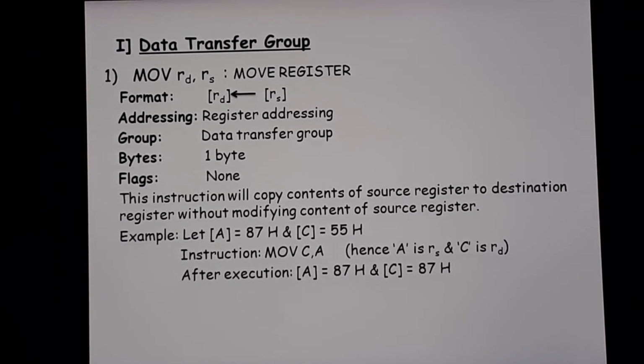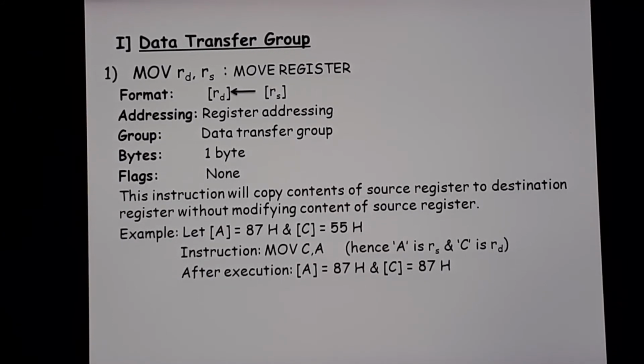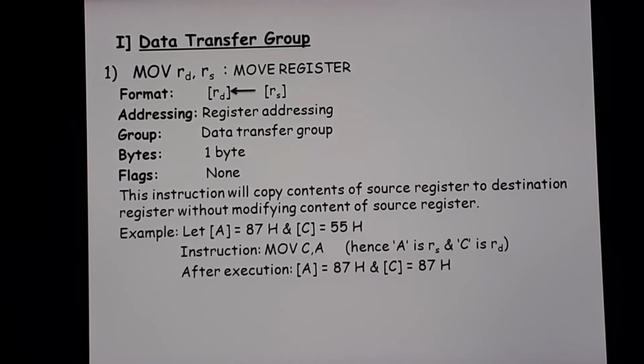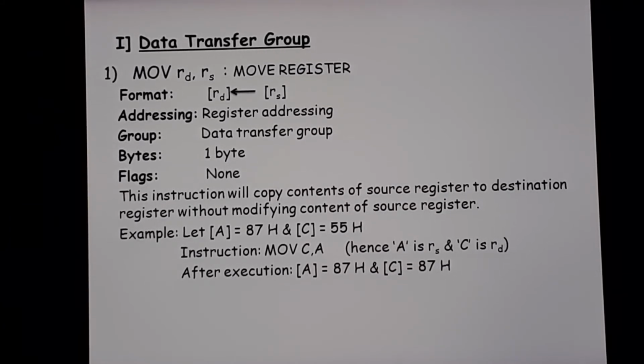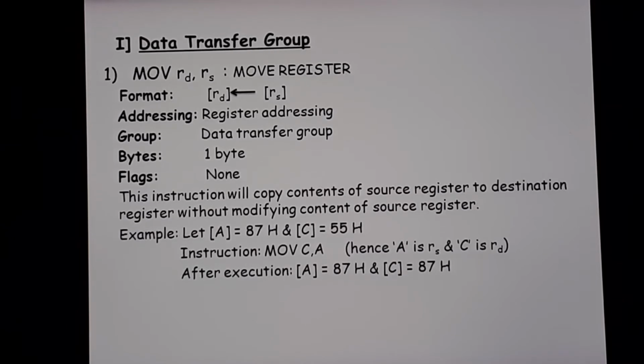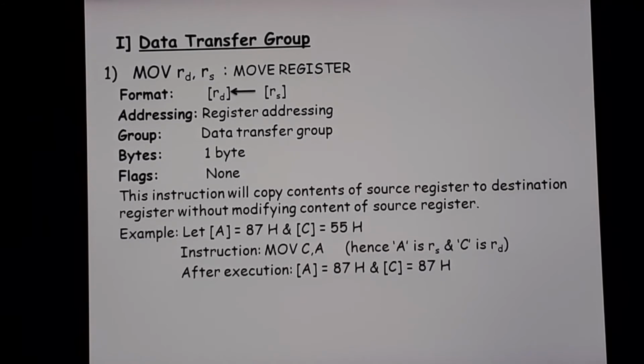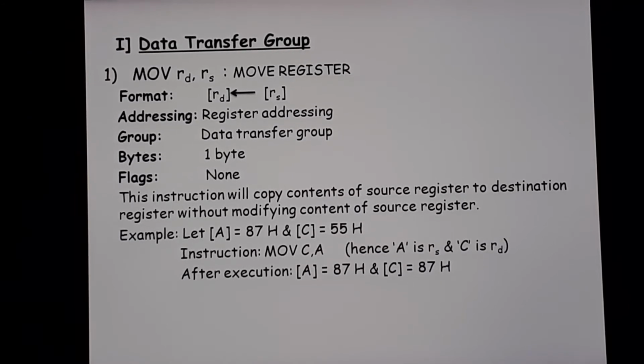What happens here: C is the RD, that is the destination register, and A is the RS, that is the source register. The content of the A register, the source register, will be transferred to C, the destination register, with no changes in the A register.